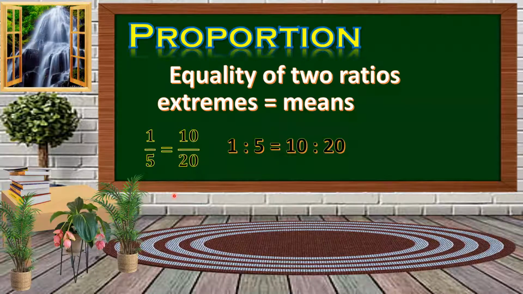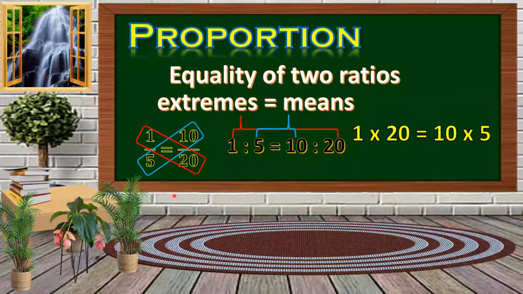Our extremes are 1 and 20. For the means, we have 5 and 10. Now we multiply to verify if they are proportional. Extremes: 1 times 20, and means: 5 times 10.